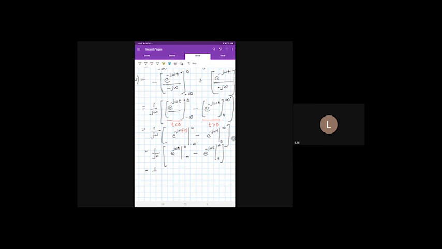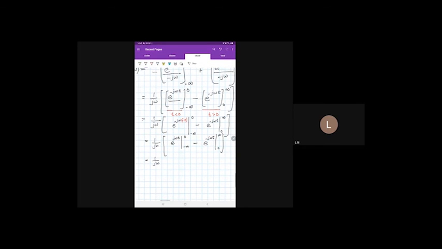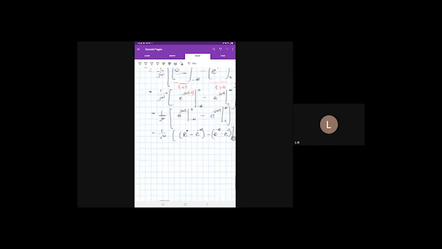Therefore we will have 1 by j omega. Then applying limits to these terms, e raised to power 0 will be equal to 1, so it is e raised to power 0 minus e raised to power minus infinity. Then I have e raised to power minus infinity minus e raised to power 0. Once I simplify it, e raised to power 0 is equal to 1 and e raised to power minus infinity is 0.